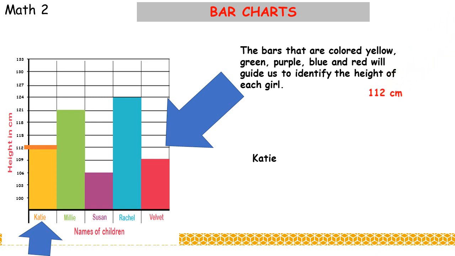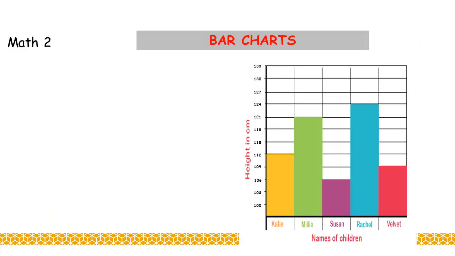So the height of Kati is 112 centimeters. We do the same thing for Rachel's height. Rachel's height is 124 centimeters. Now that we know how to identify the height of these girls using the bar chart, we can answer some questions.